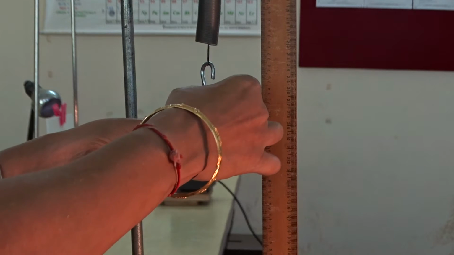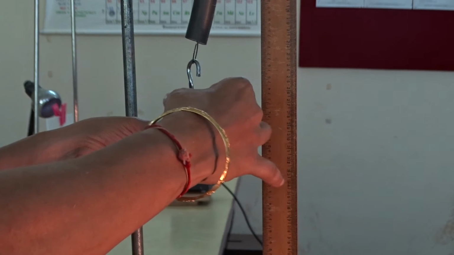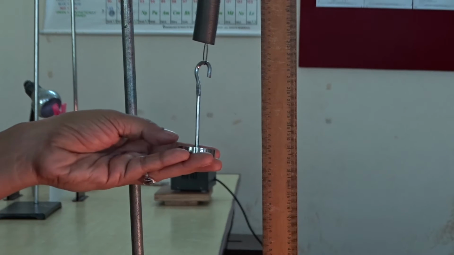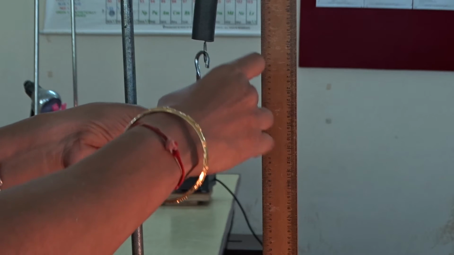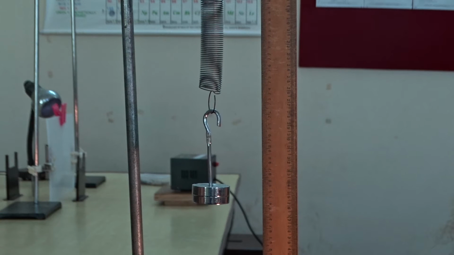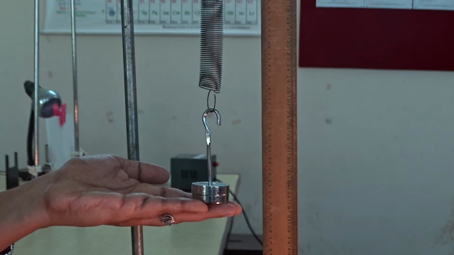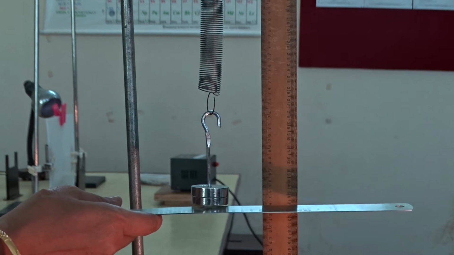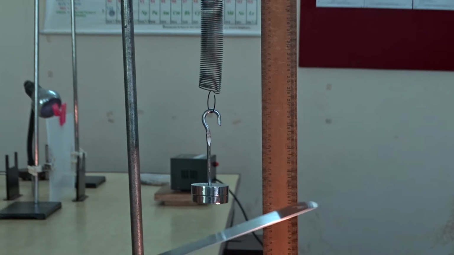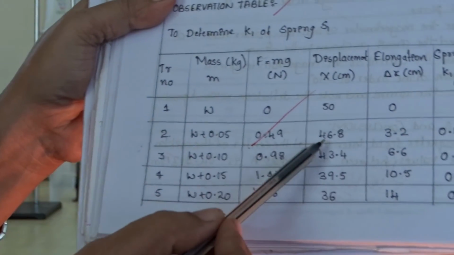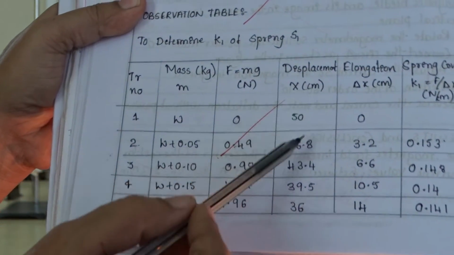Next, you add a 50 gram slotted weight to this weight hanger. Okay, like this. Now the displacement increases. Once again, you take the reading and note it down in the column of the table, for example 46.8 centimeter.